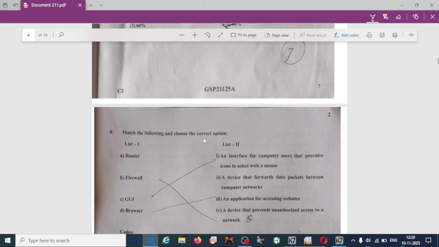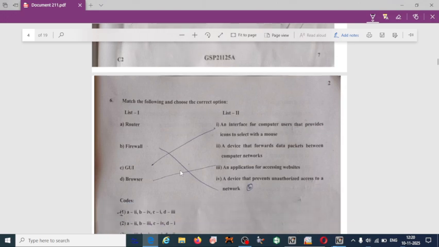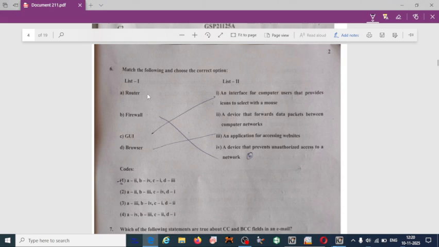Match the following and choose the correct option. So here they have given, just you should match them. Here router, firewall, GUI, browser. The correct option is going to be code 1.